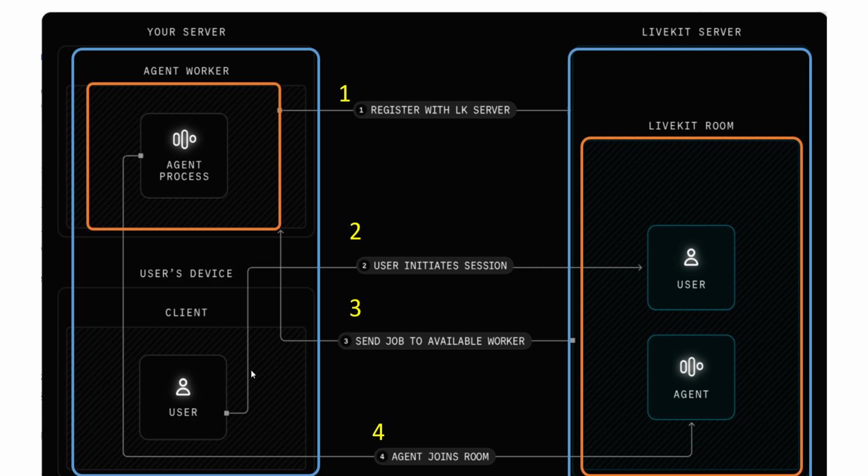So the user is sitting in our server and he initiates the session and he joins the Livekit room, which has been created by our Livekit service.py. And then Livekit dispatches the job to the agent that is waiting in the backend, and then the user joins the room with the new credentials.